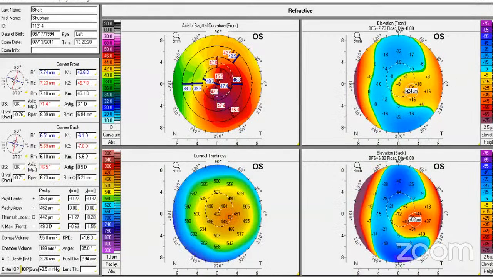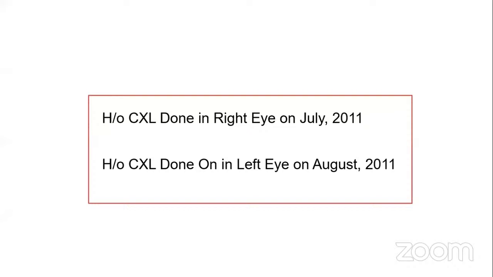Because of the presence of evident keratoconus in both eyes, we went ahead and decided to do CXL to stop progression of the keratoconus. We chose an epi-on CXL procedure in both eyes, which was done in the right eye first in July, followed by the left eye 1 month later.